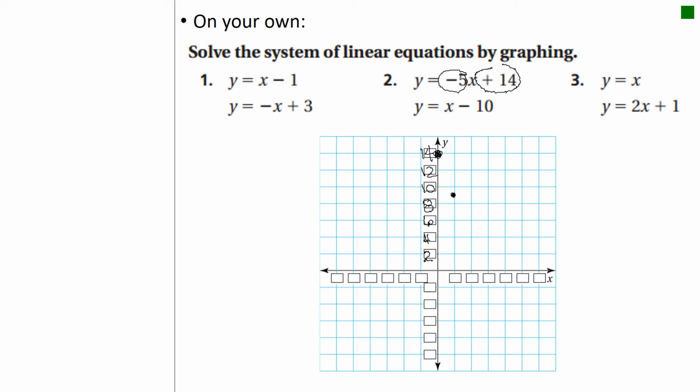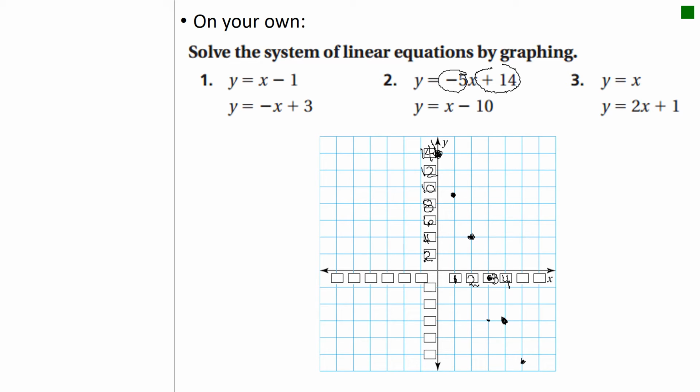I've been saying over 1, so I've been going by ones. Down 2, down 4, down 5, and over 1.